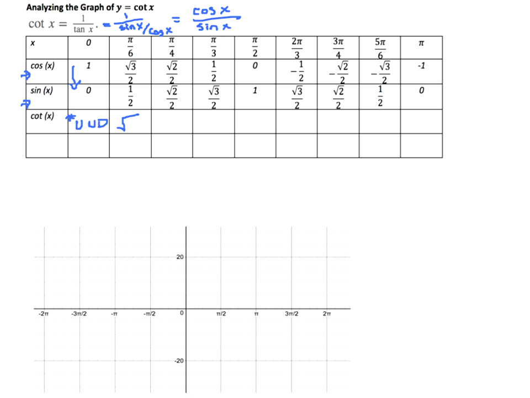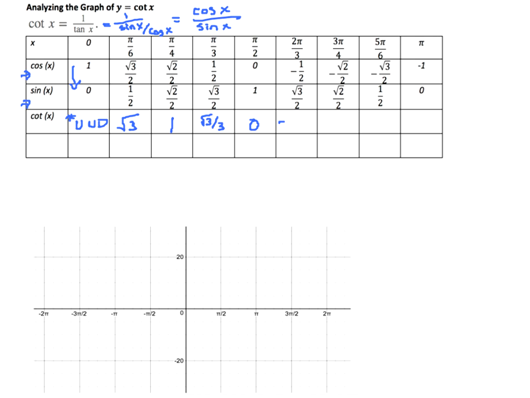Square root of 3 over 2 divided by 1/2 ends up being the square root of 3. Square root of 2 over 2 divided by square root of 2 over 2 is 1. Nice and neat. 1/2 divided by square root 3 over 2 is square root 3 over 3. 0 divided by 1 is 0.